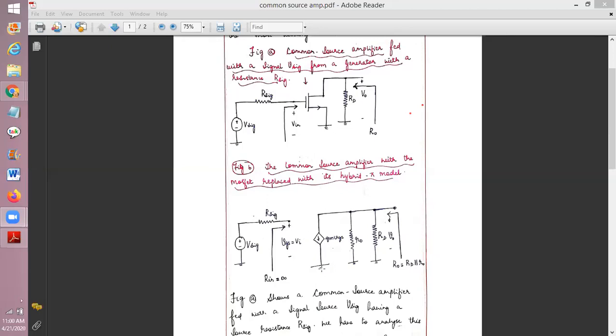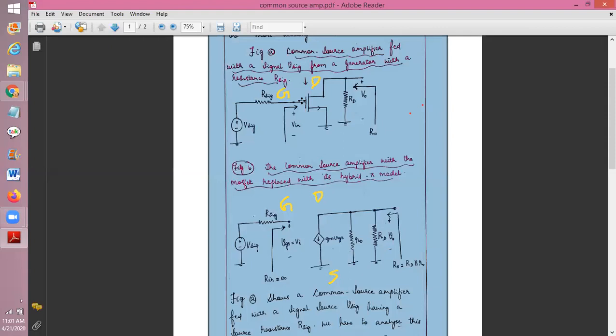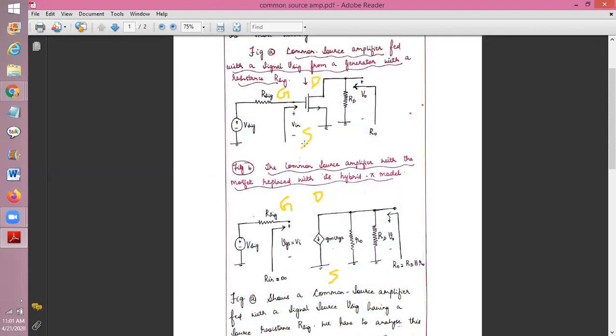This part of the circuitry is known as the input part, and this part is the output part of the circuitry. Gate, drain, source here also.